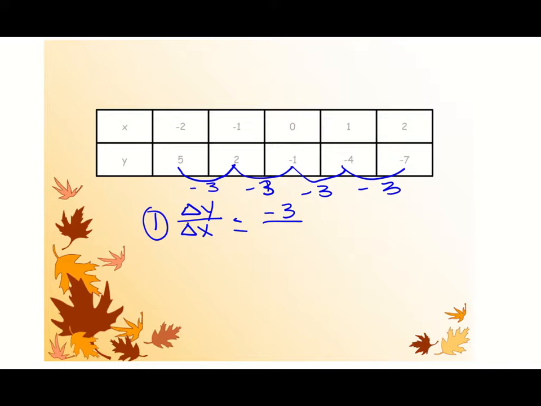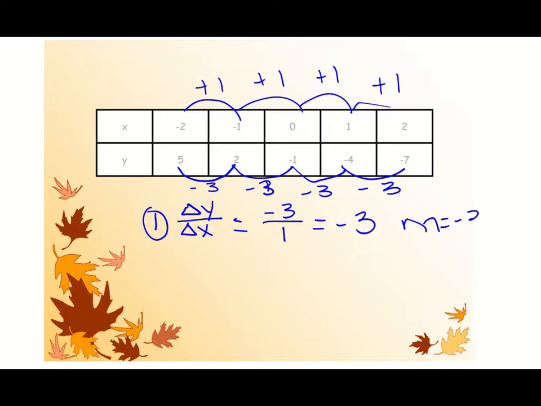In the x, the change of x is going +1, +1, +1, +1. So you can see that the change is constant in both the y and the x. So the change of x is going to go in the denominator, which is 1. And then if you can, you're going to simplify the fraction. So -3 over 1, which is -3. So that is your slope. M is equal to -3.